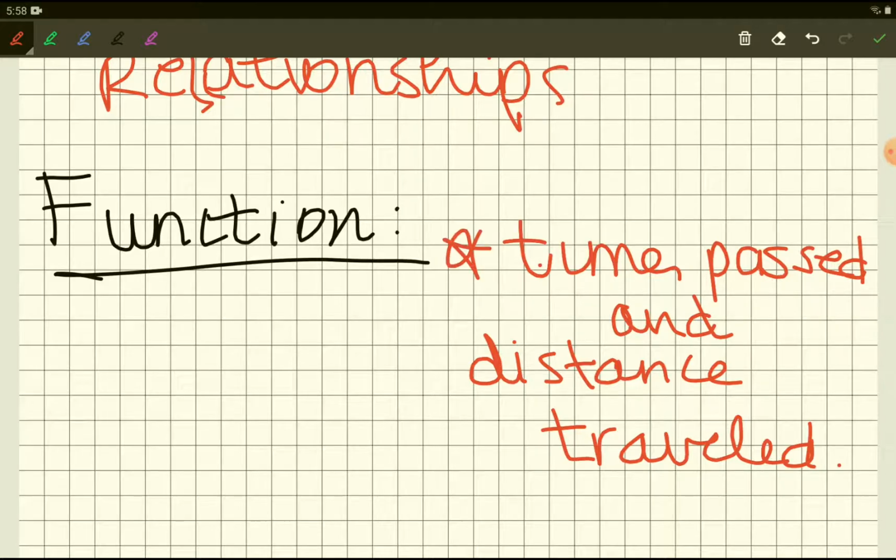Two items, two ideas, and the whole concept of math is putting it into something like an expression or an equation, something expressed using numbers and variables.